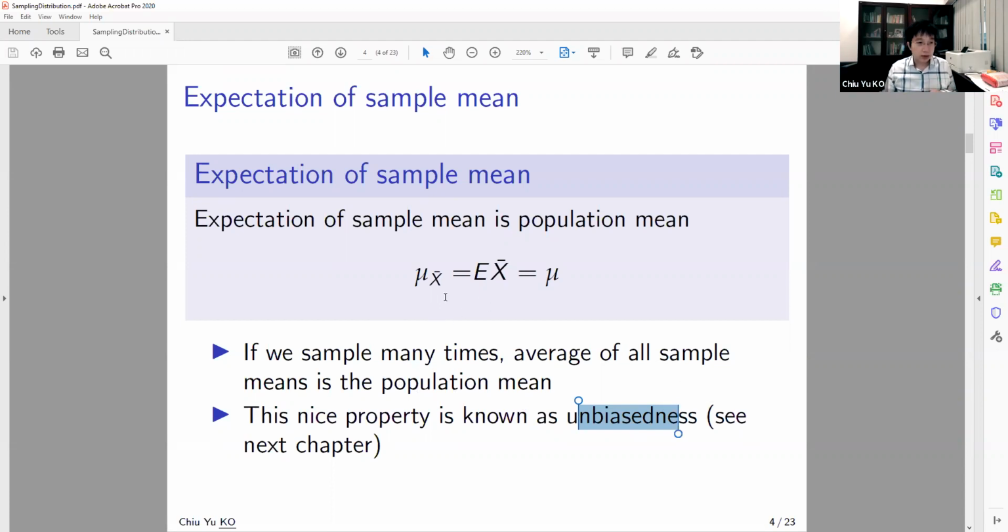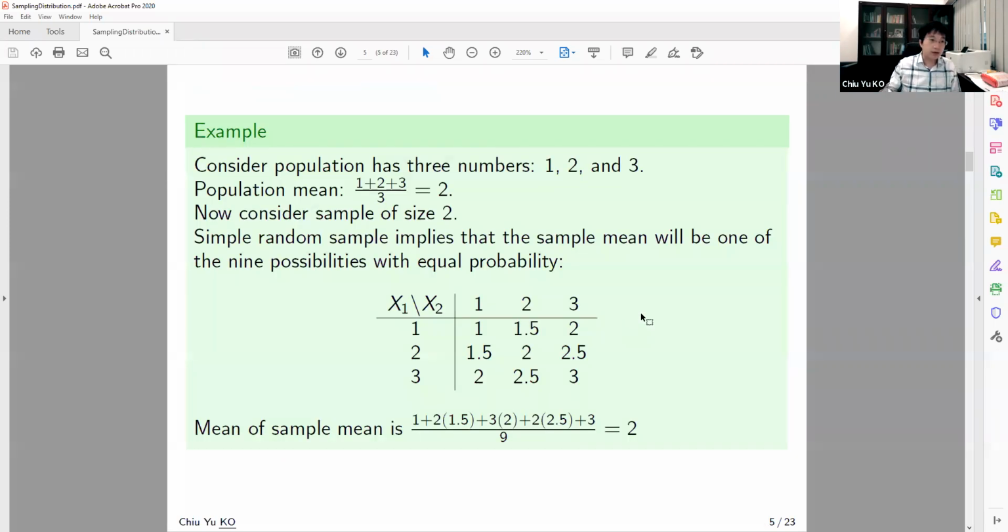To illustrate the significance of this result, let's see the following example. The population is 3 numbers, 1, 2, and 3, each equally likely.